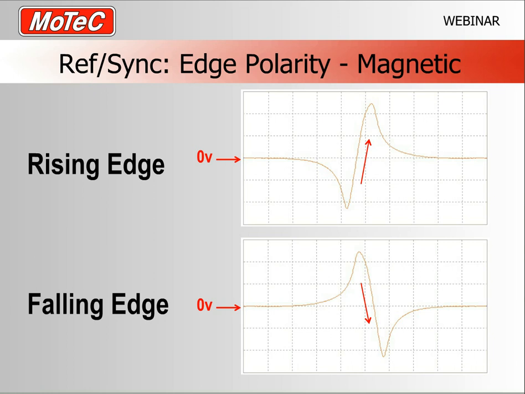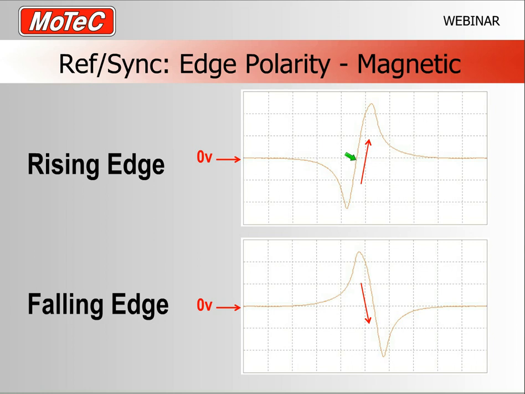So taking the top diagram there, we've got a rising edge. The sensor voltage comes down into a negative, and then as the tooth goes past, it shoots up from negative to positive, and it's the edge that is the cleanest crossing of the 0 volt line that we want. So you can see in that one, that's a rising edge.